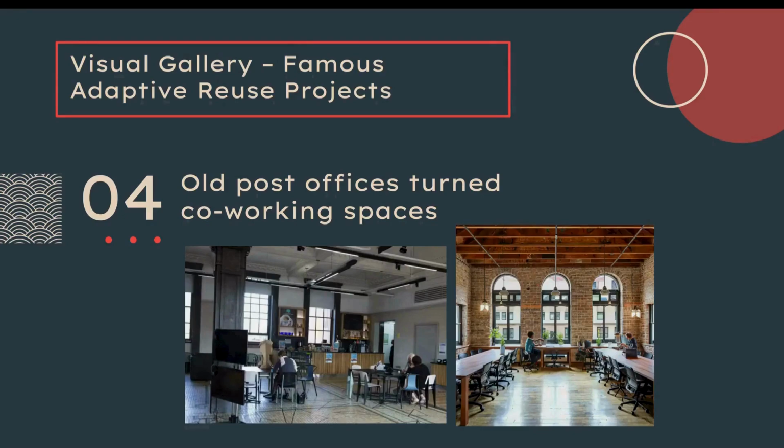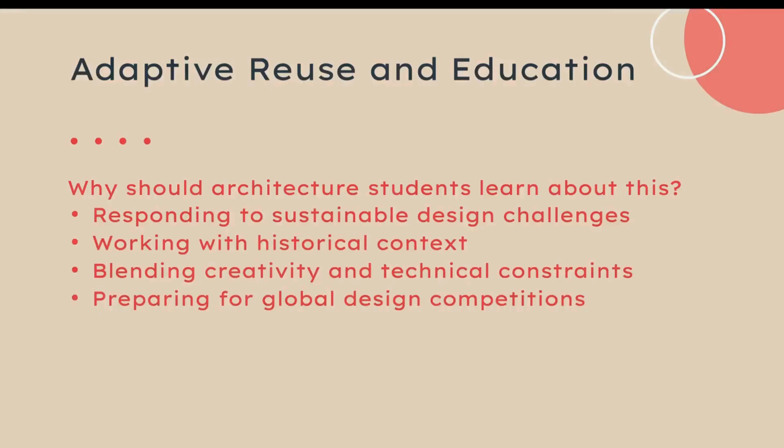There are several functions being left behind because of our lifestyle changes. Post office is one of them. We are used to having mail distributed. Now we use emails, right? We use text messages. So a lot of post offices are abandoned, and now you can turn them into co-working spaces, for instance.